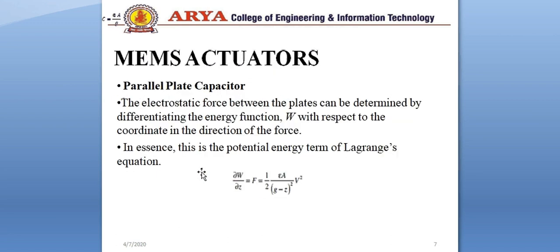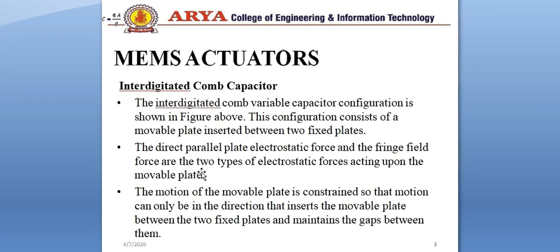Another thing we should keep in mind is that the interdigitated comb capacitor configuration has a movable plate inserted between two fixed plates. The direct parallel plate electrostatic force and the fringed field force are the two types of electrostatic forces acting. We have already seen there are fringed and there are parallel.